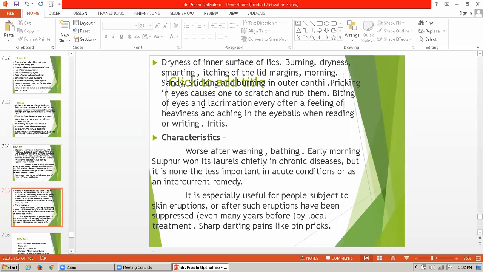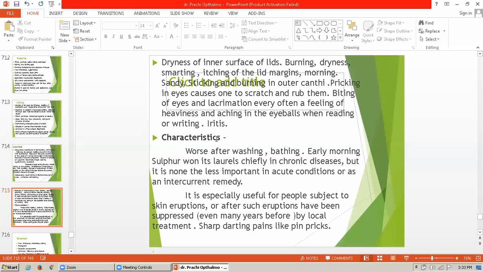There is a sandy sticking and burning in the outer canthus, with pricking in the eyes that causes one to scratch and rub them. There is biting of the eyes and lacrimation, very often a feeling of heaviness and aching in the eyeball when reading or writing.